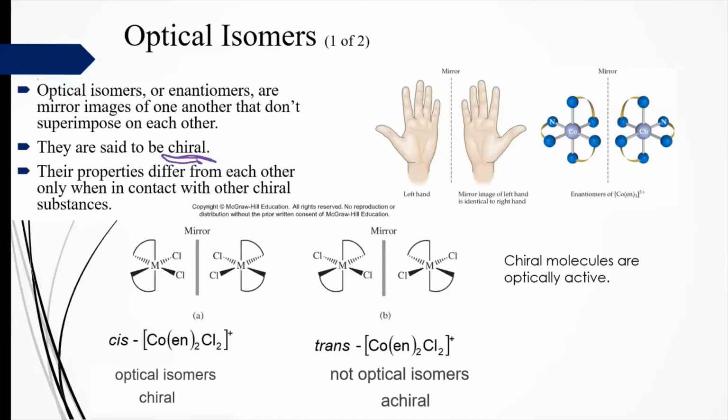If we look at our examples down here at the bottom, we have the cis version and the trans version of this cobalt complex with the two chlorides.